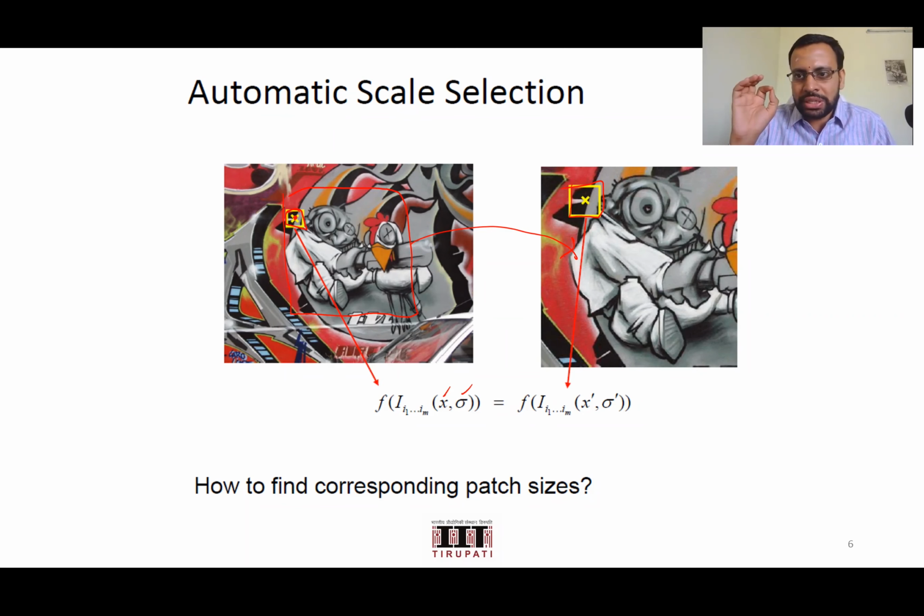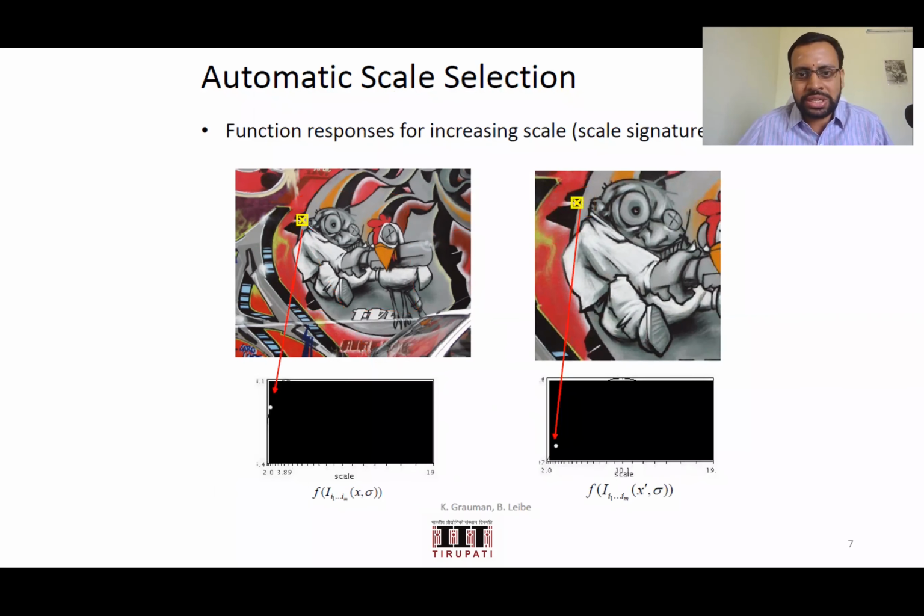Now the question is, how do I find the corresponding patch sizes in both, right? So this is an illustration here. This is how the process follows. You start with a minimal size here, for example this, the scale, so at that scale you compute Laplacian of Gaussian.